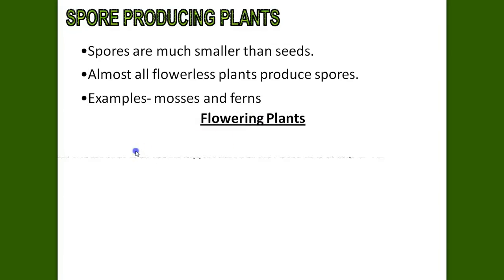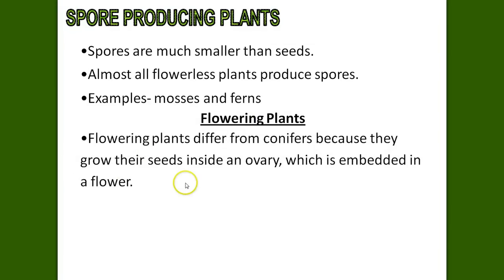Flowering plants. Flowering plants differ from conifers. If you look at the first part of the word conifer, C-O-N-E, cone, C-O-N-E. There's a cone in conifer. There's a cone in conifer. You mean conifers or cones? That's exactly what I mean.